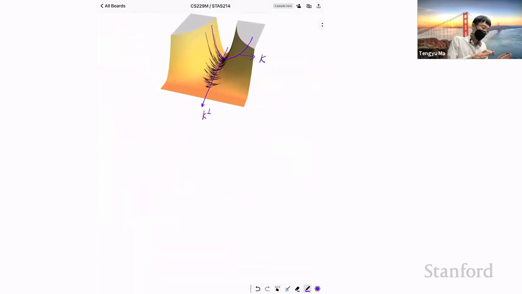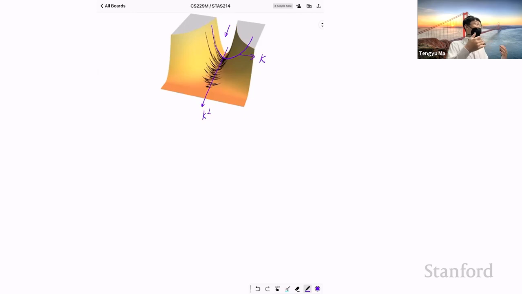But here, this is not a quadratic, because at least the k-perp direction does matter to some extent. Because with the k-perp, you can see that if you go from here to here, you're going to go to a flatter and flatter region, right? So what happens is that most of your work is in the k direction.